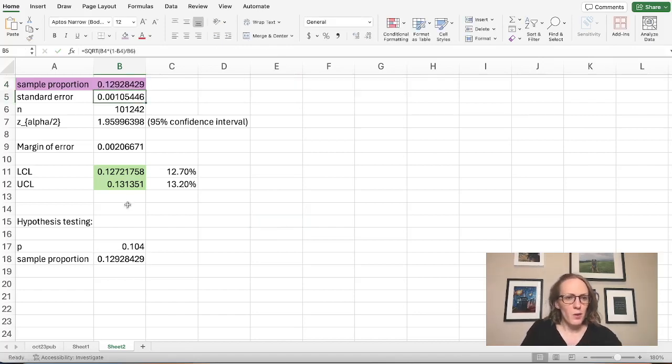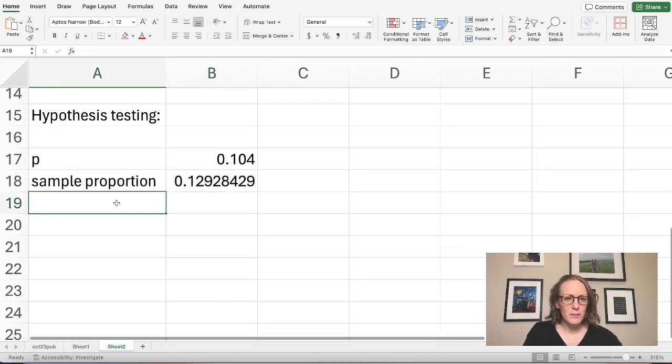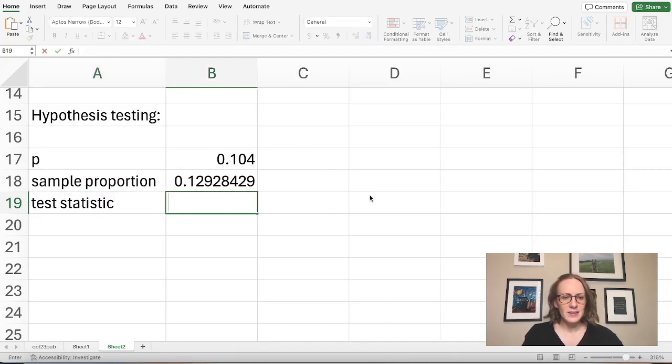So now we know our p-bar, our sample proportion, and next we want to find our test statistic. So our test statistic is that z-value.